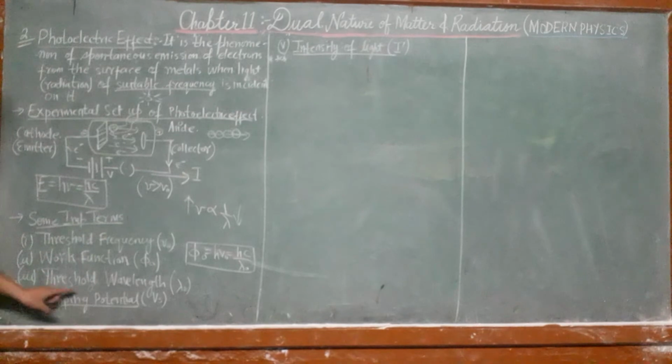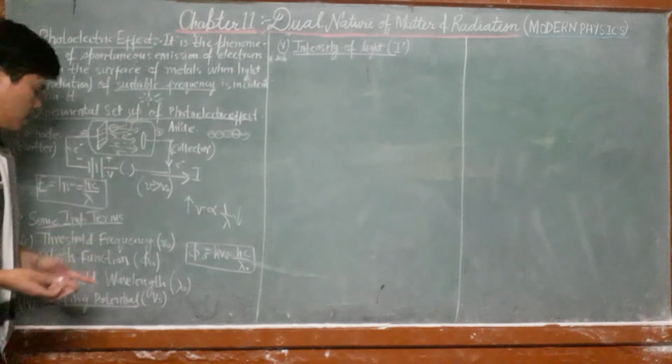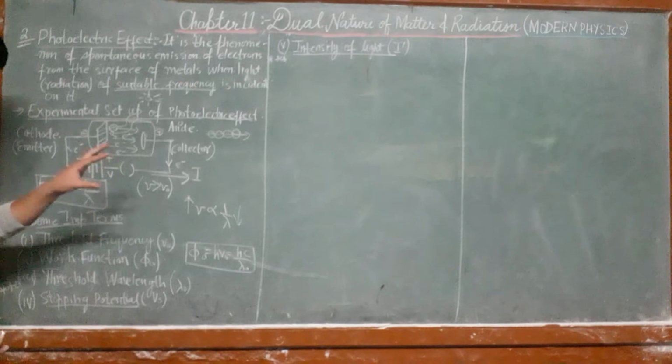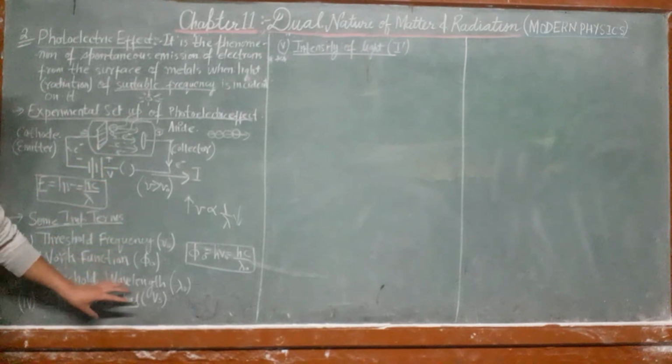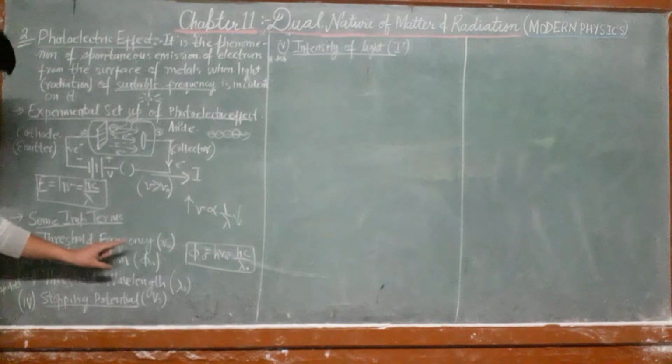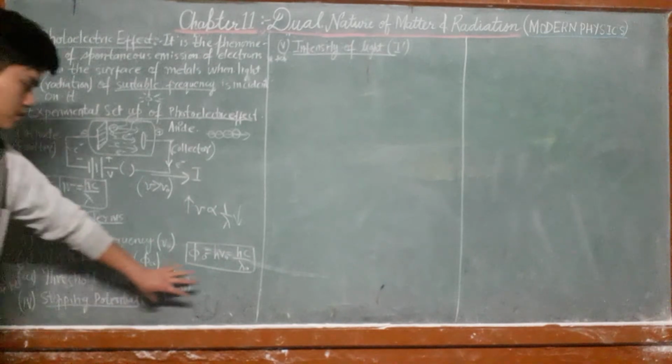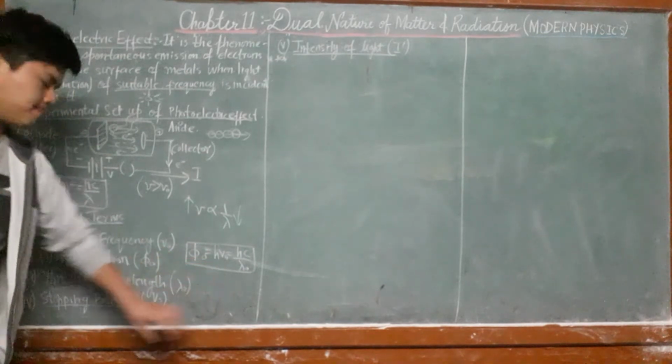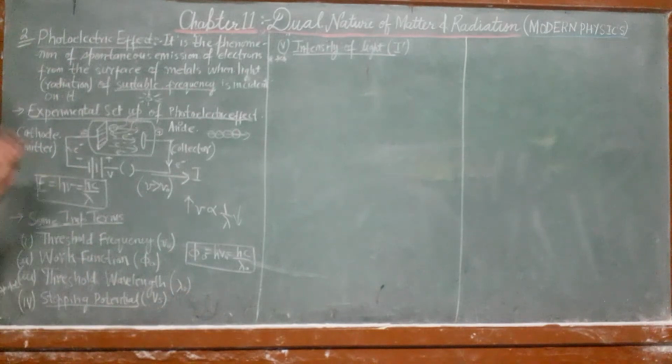Threshold wavelength is the maximum wavelength of incident radiation, mark my words, above which there is no photoelectric effect. You just have to know the formula; numericals are also linked.